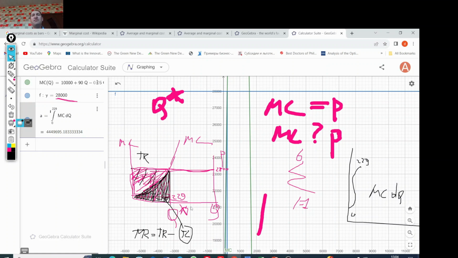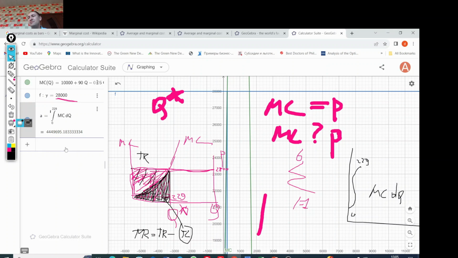For us, it's difficult to sum up even 6 numbers, but this thing sums up millions of tiny bars in the range from Q of 0 to Q of 229, your optimal quantity of production. And that's how integrals are calculated.